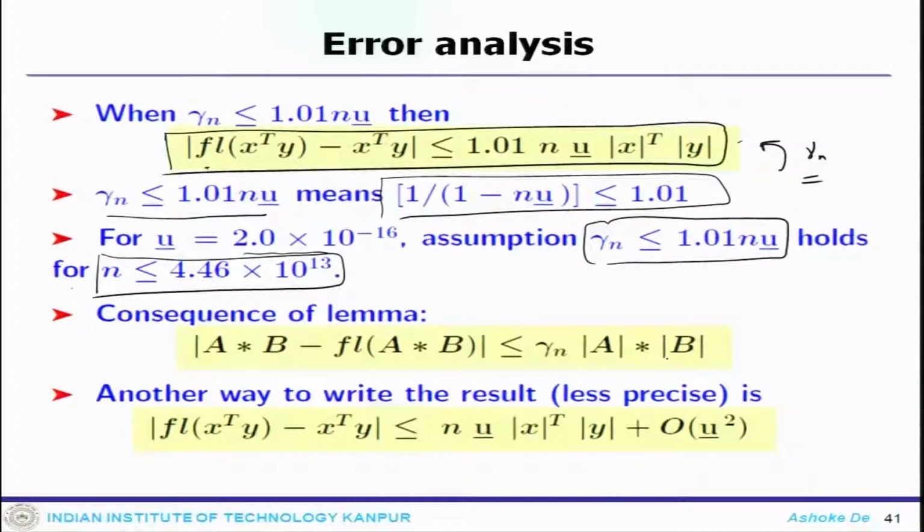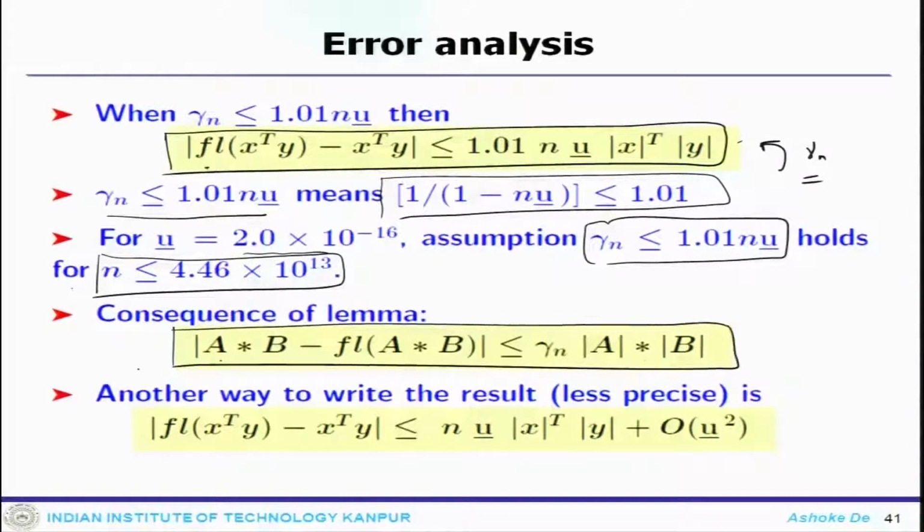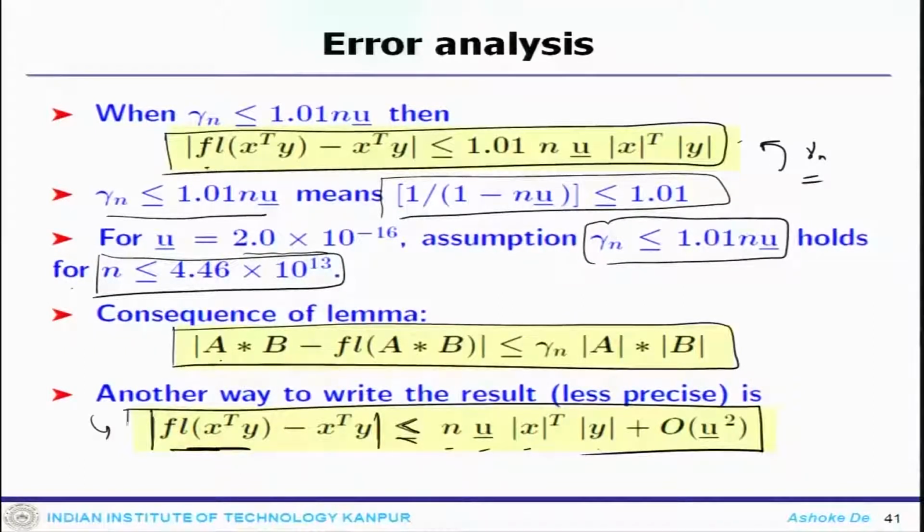So, the consequence of this particular lemma is that A star B, A multiplied with B, minus floating point of A multiplied with B, must be less than or equal to gamma n mod A multiplied with mod B. One can write it the other way round: the magnitude of floating point x transpose y minus x transpose y is less than or equal to n u times x transpose y bar, which is of the order of u squared.